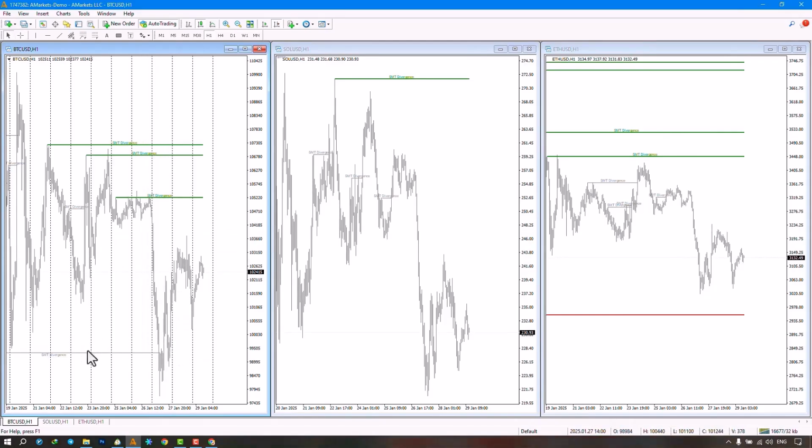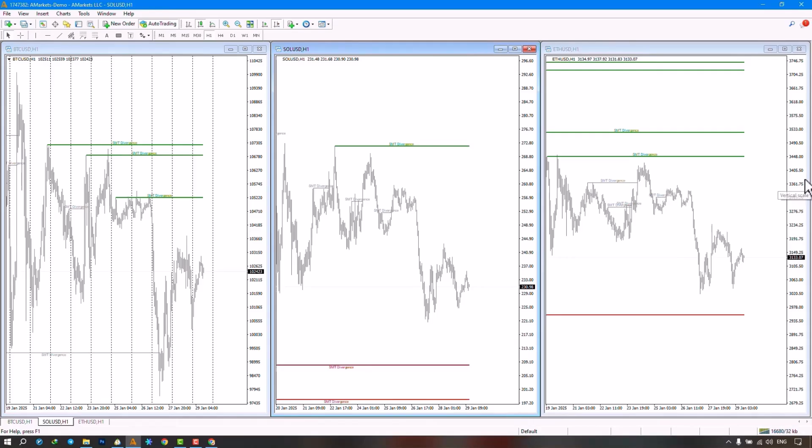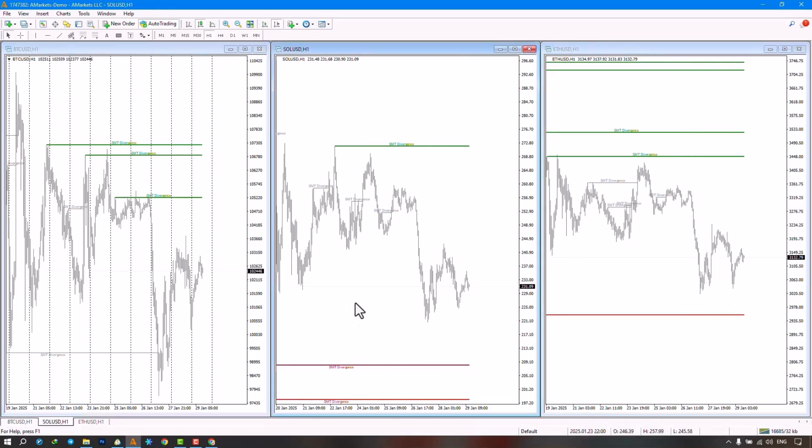This level is used up, meaning the candle closes completely below the level, breaking it. But in our second and third symbols, Ethereum and Solana, we see that in the Solana symbol, the price has not reached its liquidity level. Also, Ethereum has not reached its liquidity level in this section, and here, a divergence is identified for us.